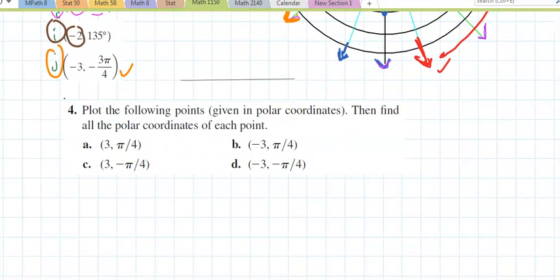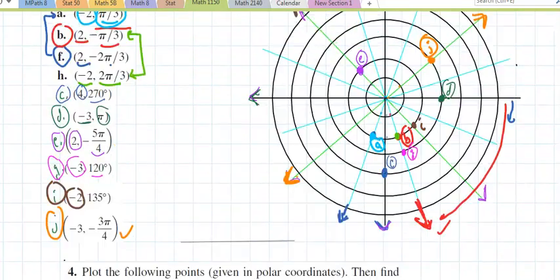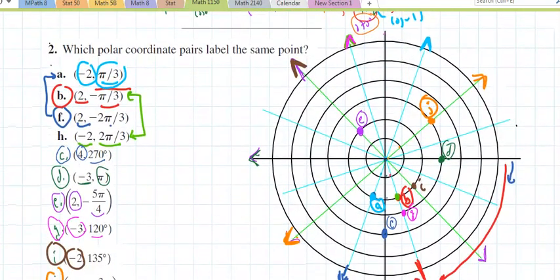Now, one thing about angles I need to show you. It seems if I am at a location and I add 2 pi or 360 degrees, I'm back where I started. If I add another 2 pi or 360 degrees, I'm back where I started. Those are called coterminal angles, in case you've forgotten.